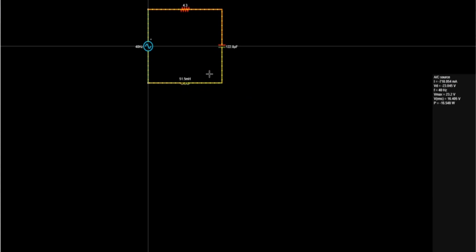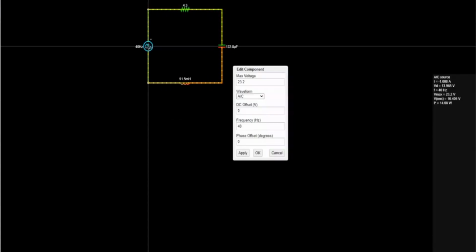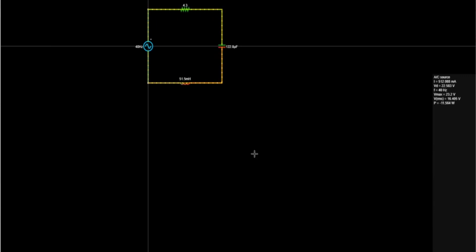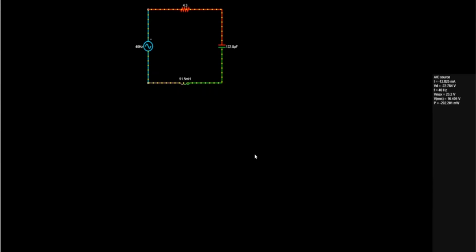Now we have to do a little bit of work again. We have to set this to resonance because we're going to figure out the maximum power dissipation. The maximum power dissipation occurs at resonance.